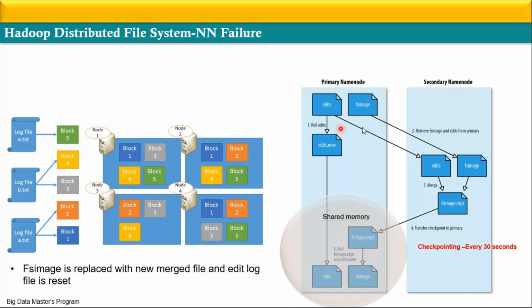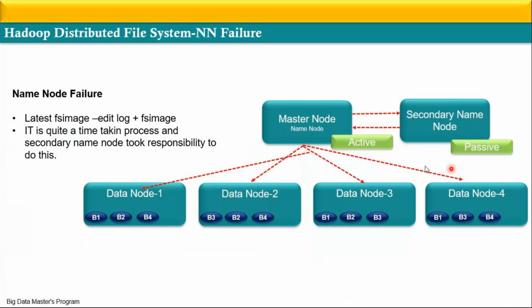Now this secondary name node has the entire information required in order to take over as a master node. So the secondary name node is going to take the responsibility based upon the FS image and edit log file, and it is able to perform the task properly.